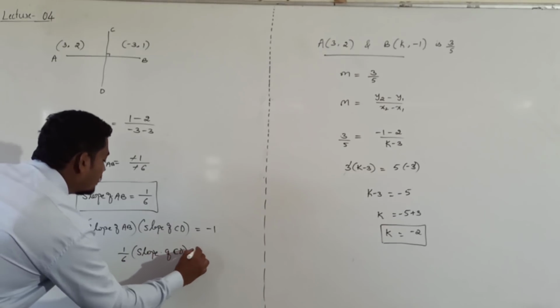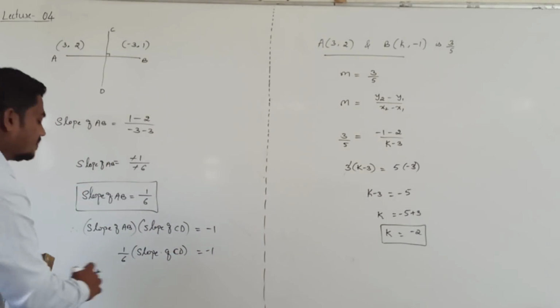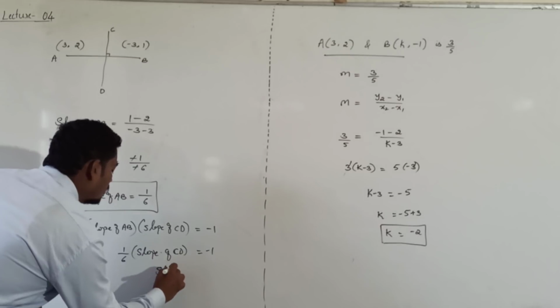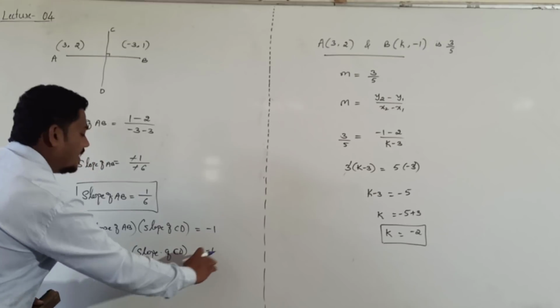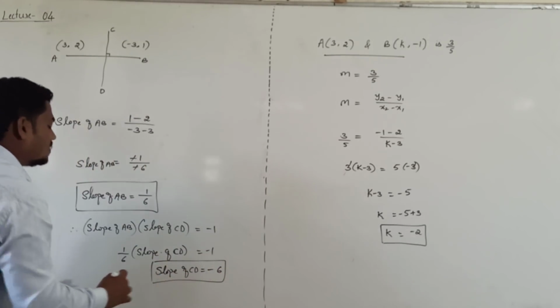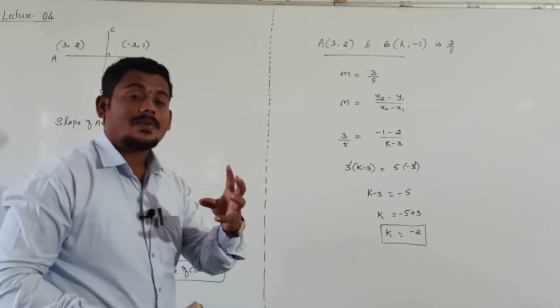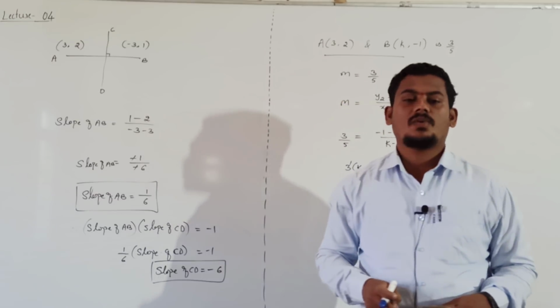Slope of CD is equal to minus 1. Then send this 6 to the RHS. Slope of CD is equal to minus 6, right? This is the slope of a line which is perpendicular to the line joining 3, 2 and minus 3, 1.